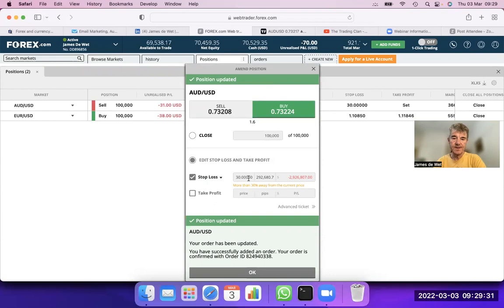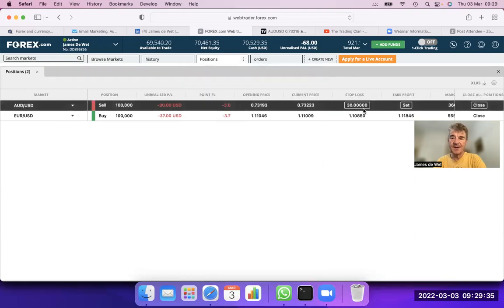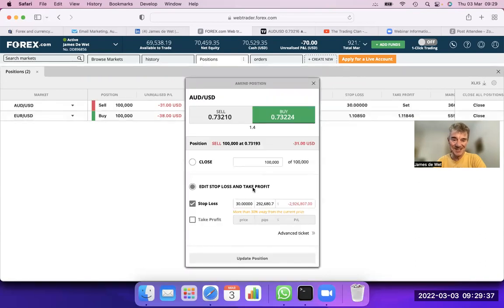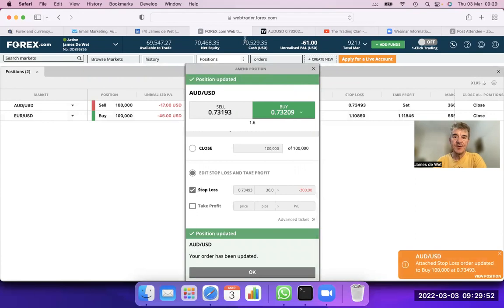Hang on. That's no good. I put 30,000. I put it in the wrong place. We don't want that. We want it over here, 30 pips. Okay, so that's at about the price 0.7349. Let's just update that. 0.7349.